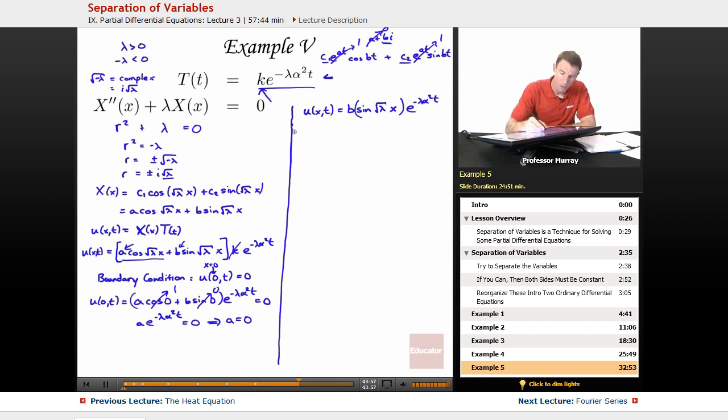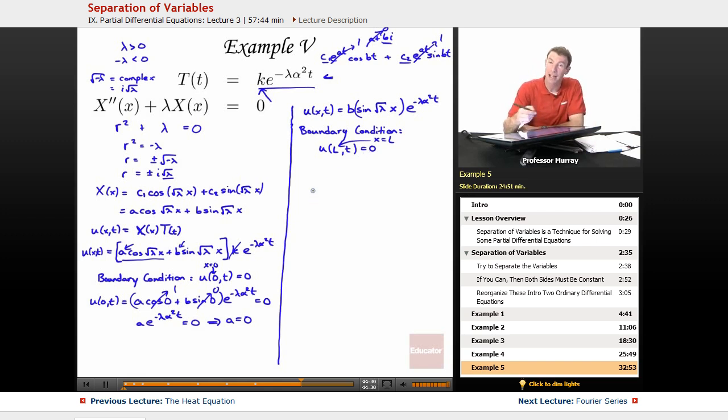And we're told by our other boundary condition, let me remind you, this came as part of the package when we originally got the differential equation, that u of L,t had to be 0. Remember, that represented plugging in x equals L, which was the right-hand end of the rod in the heat equation.